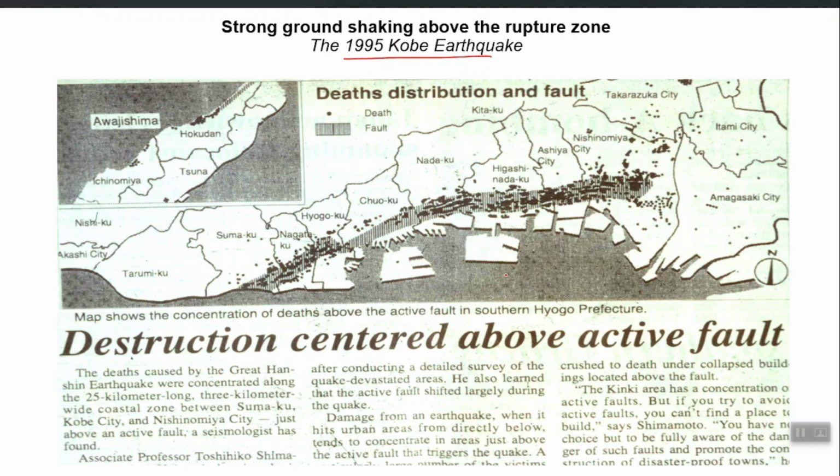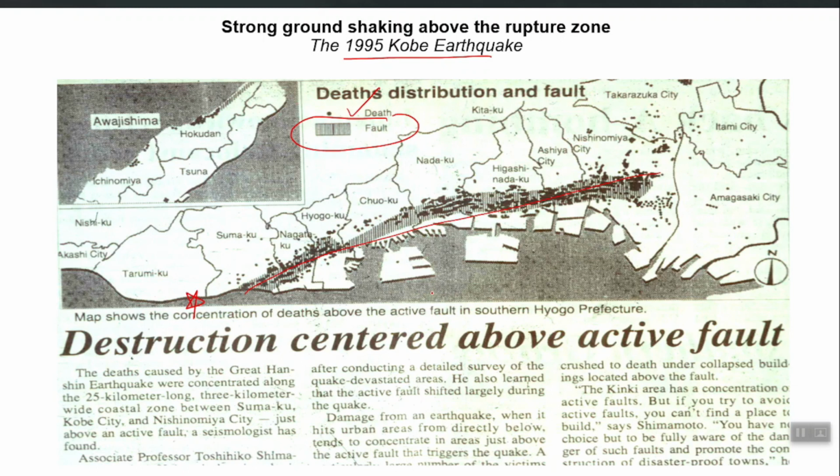So this is a figure taken from one article, and what is shown here is that this shaded area is the fault line. The epicenter is somewhere here, right? I will show another figure next, but the epicenter is somewhere here. It is not even in this map, and this shaded area is the fault line. And wherever they found a dead body, they marked that on GPS. So all these black dots are deaths, right?